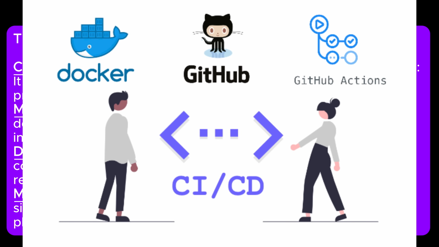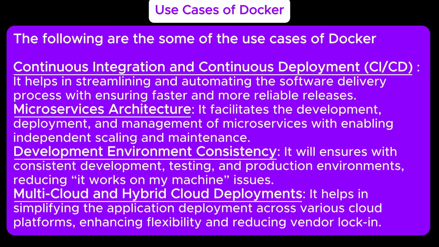It actually reduces the "works on my machine" issues. This can be done with GitHub Actions, GitLab, or a number of other technologies available. The last use case is also important, which is multi-cloud and hybrid cloud deployments.